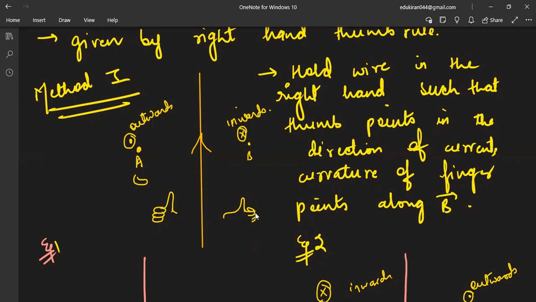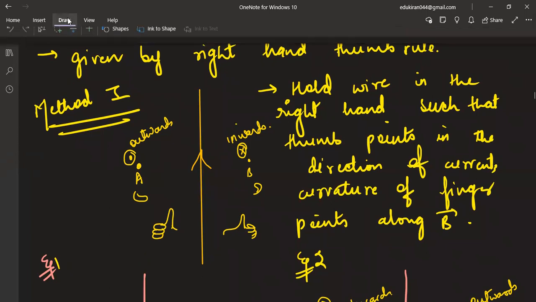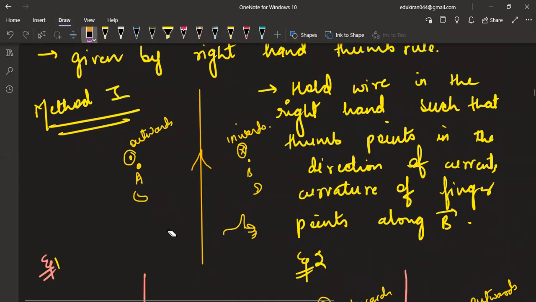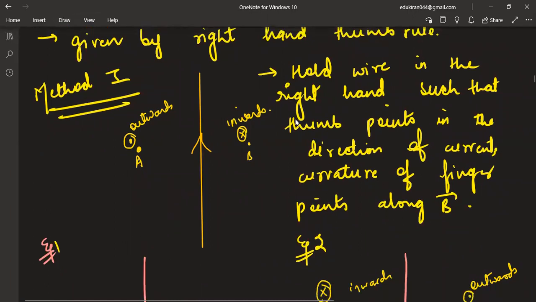So how will you assess this? At the particular point, whatever is the curvature of your fingers, that will give you the direction of the magnetic field. This is one method, by looking at the curvature of the fingers.